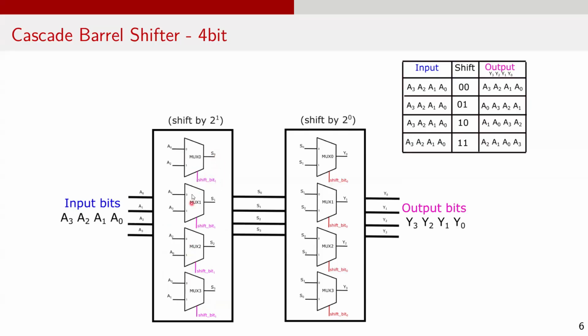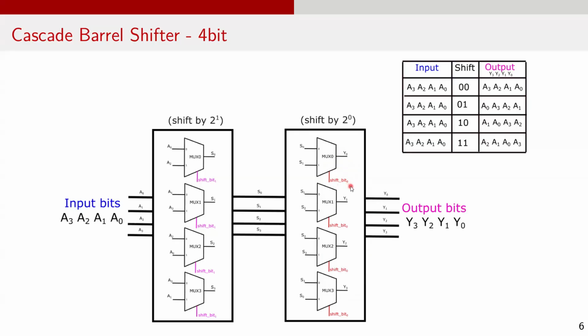In stage 1, all 4 multiplexers use shift bit 1 as their select signal. Depending on the value of this select signal, the multiplexers either pass the input directly or output the version of the input rotated right by 2 positions. The output of stage 1 becomes the input of stage 0. Similarly, stage 0 consists of 4 2-to-1 multiplexers where shift bit 0 works as the select signal.